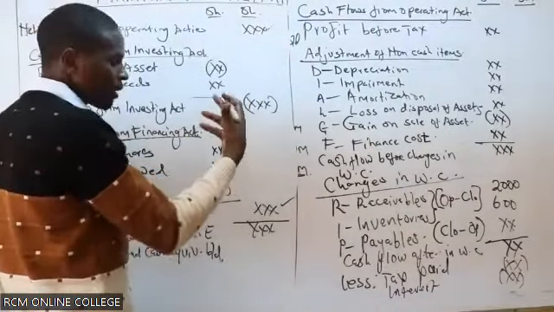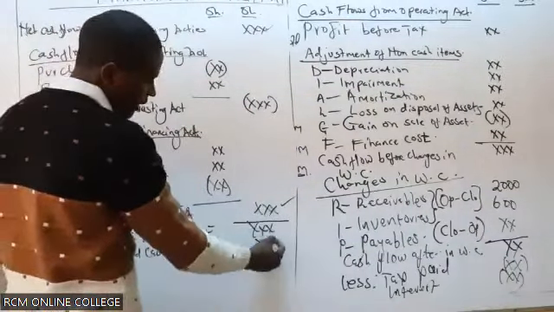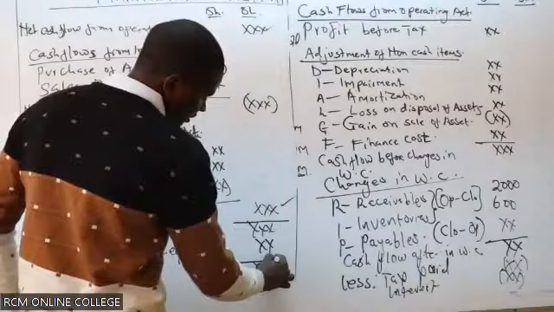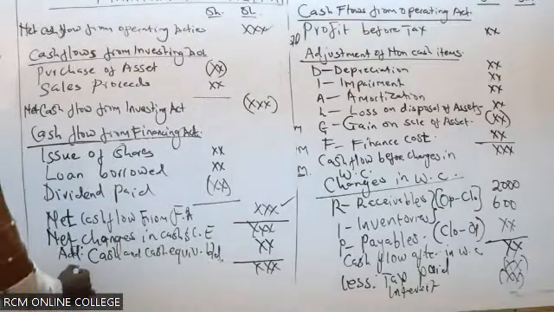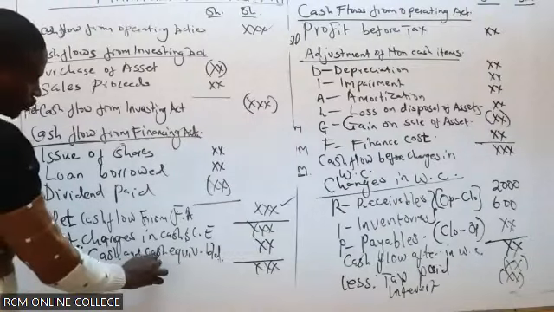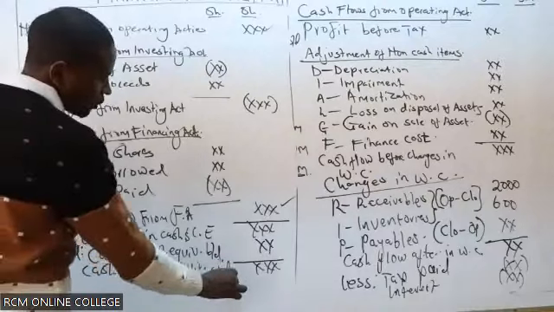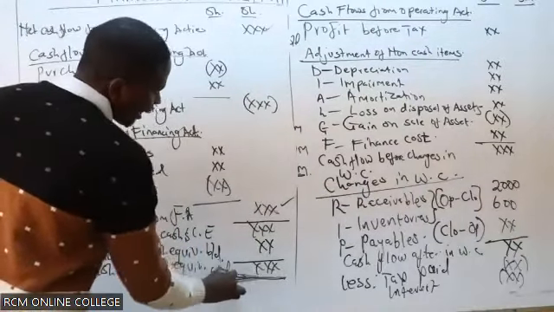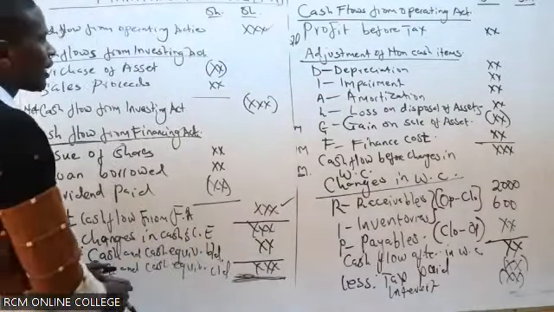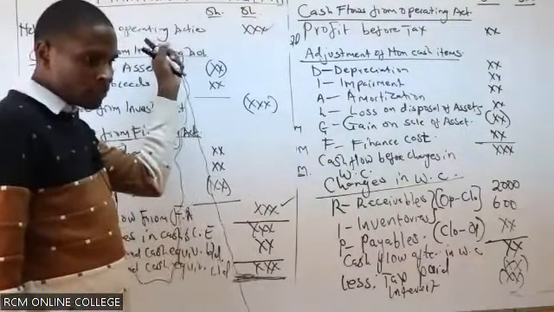Iko kwa our year 2020 brought down, unaongeza pale. Alafu sasa what we get as the result here, class, it is cash and cash equivalent carried down. And this one, it should match with the cash in the closing.